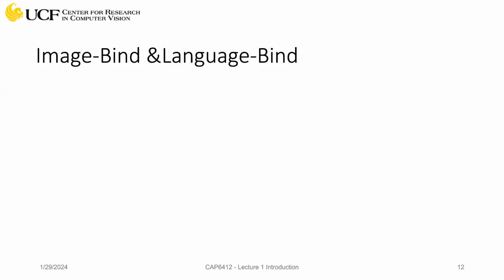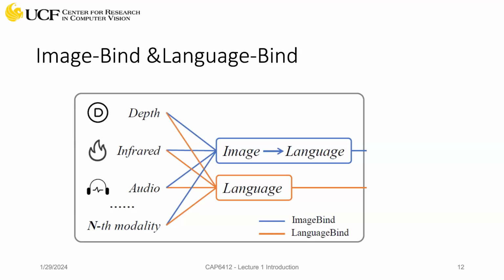As a reminder, ImageBind was like this: we are binding everything, the image, the depth, infrared, audio, and any kind of modalities. Now we are going to bind to the language. We'll bind depth to the language, infrared to language, and audio to language, and so on.